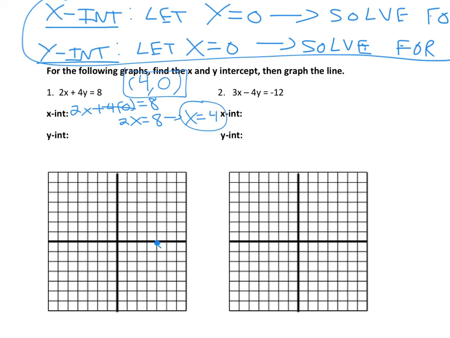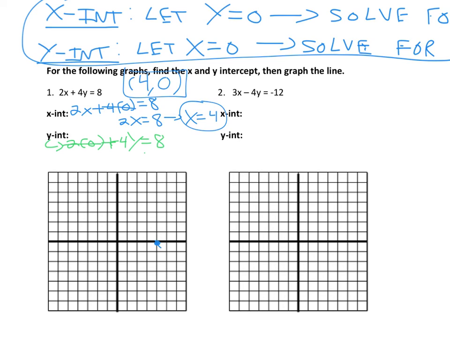Now for the y-intercept, I'm going to put this in green here. For the y-intercept, I'm going to let x equal 0. So when I do this work, I'm going to have 2 times 0 plus 4y equals 8. And then you can see 2 times 0, that just goes away. Then you're just left with this one-step equation.